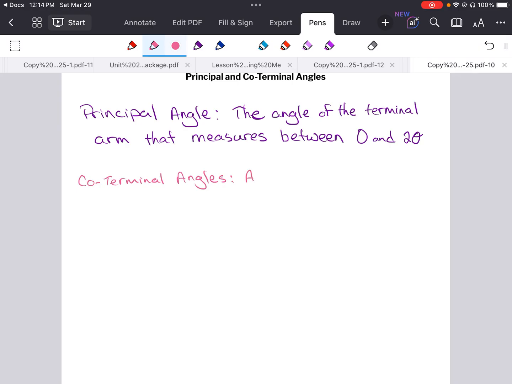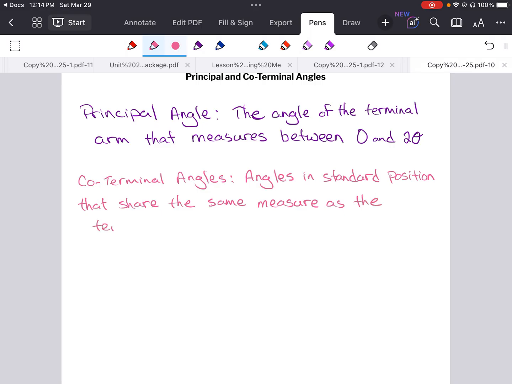Coterminal angles are angles in standard position that share the same terminal arm.